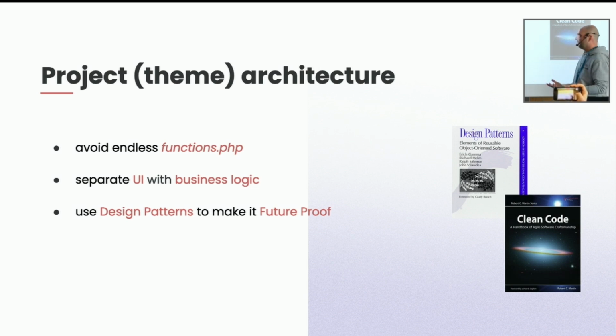But how to do that? The best way is to go for the basics, and the basics are design patterns. Probably, or I hope, you know those two books. They are very important if you are an engineer working on a regular basis with code, then you probably had a chance to read Clean Code by Uncle Bob, or Bob Martin.